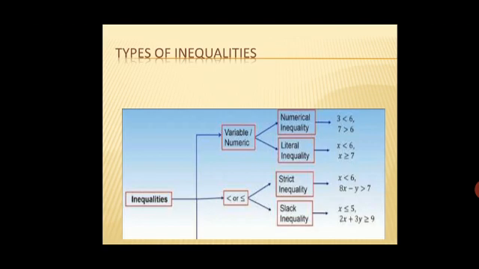Numeric inequalities consist only of numbers, whereas in literal inequality you have got a variable. Further, it is classified into strict inequality and slack inequality. Strict inequality will have only less than or greater than, but slack inequality would have less than or equal to or greater than or equal to symbols.